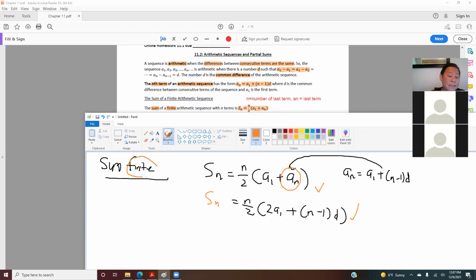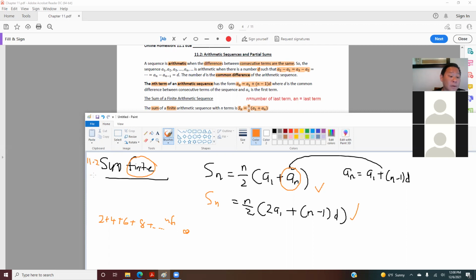It cannot be infinite, because when you add infinite terms, it will go to infinity. So when we do the arithmetic sequence sum, we always do the finite sum.